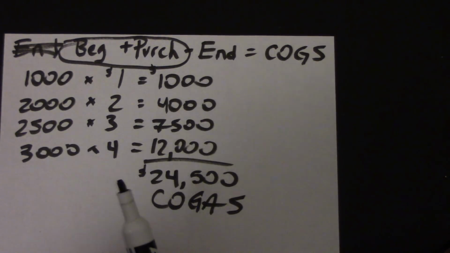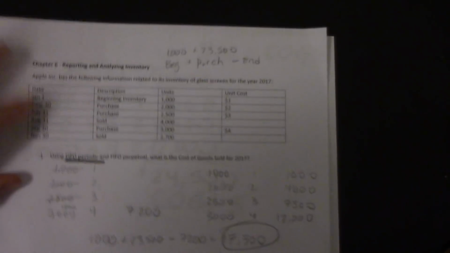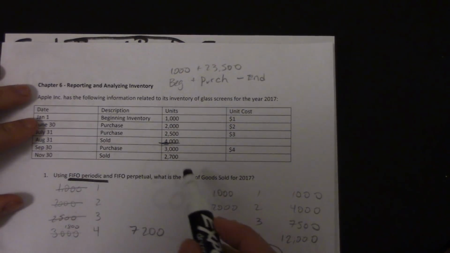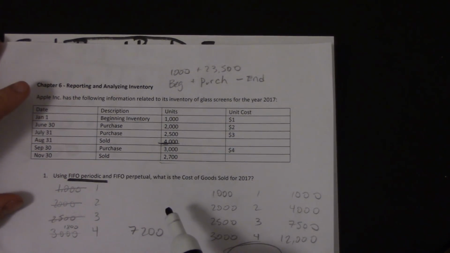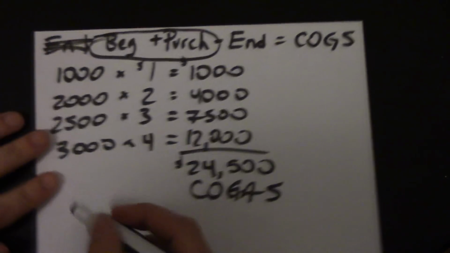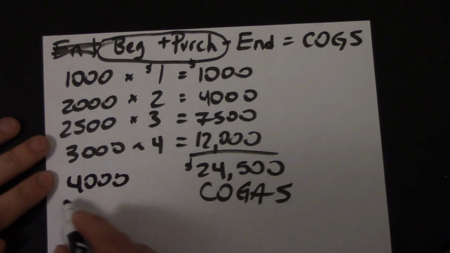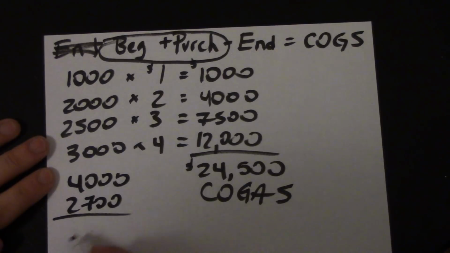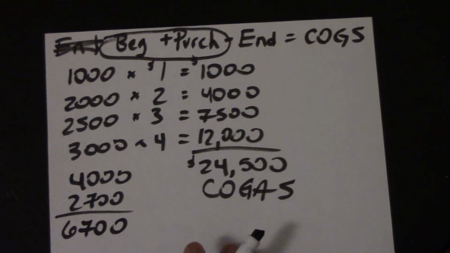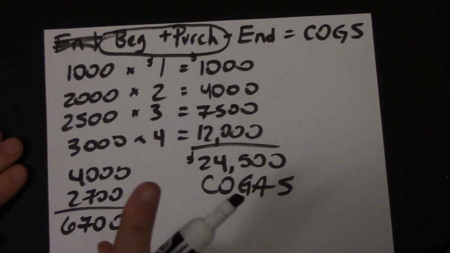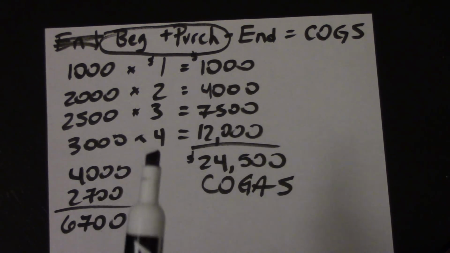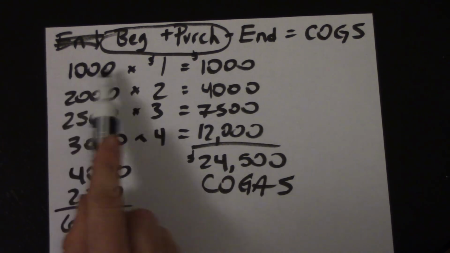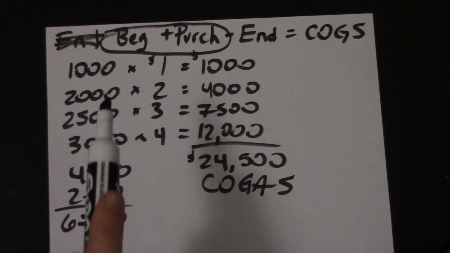Now we sold 4,000 units and 2,700 units. 4,000 units were sold, 2,700 units were also sold, for a grand total of 6,700 units sold. Using FIFO, we're going to sell the first inventory that we had.